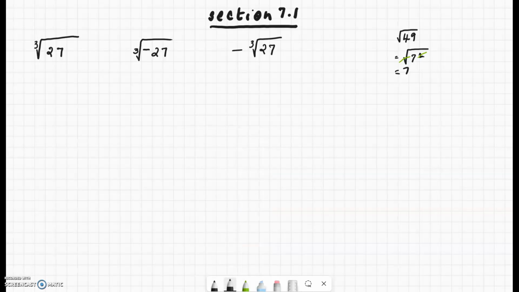I said, let's think of this as 49 to the power of half, and that's equal to 7 squared to the power of half. And when you think of the rule of exponents, it's 7 to the power of 2 times half, which is equal to 7 to the 1.